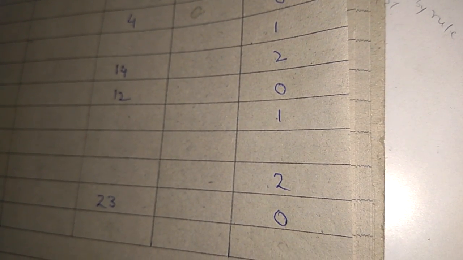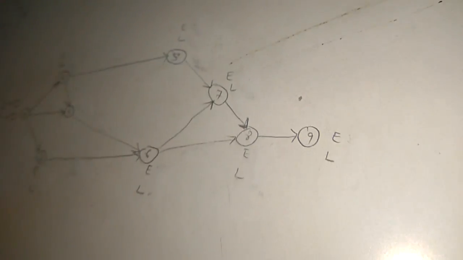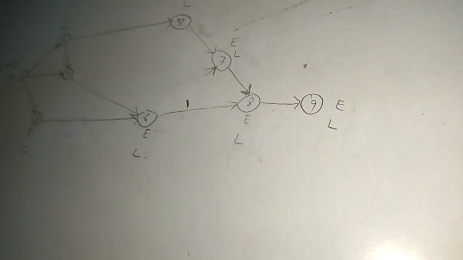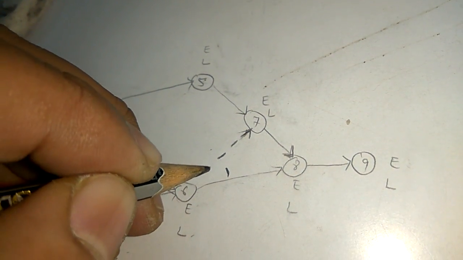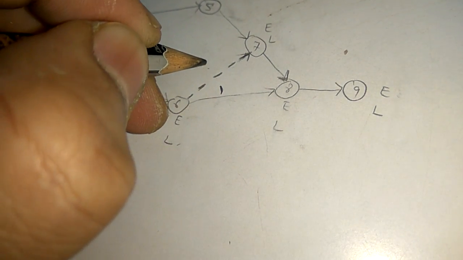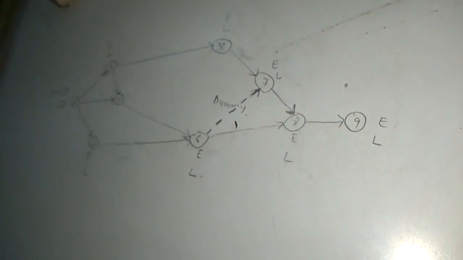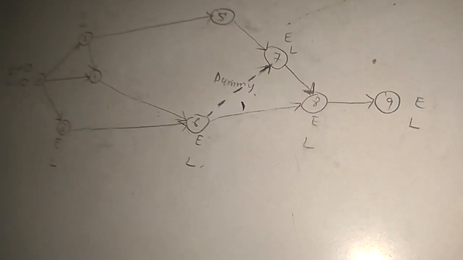That means that is a dummy activity. So between 6 to 7 this is a dummy, and for a dummy there will be no duration.